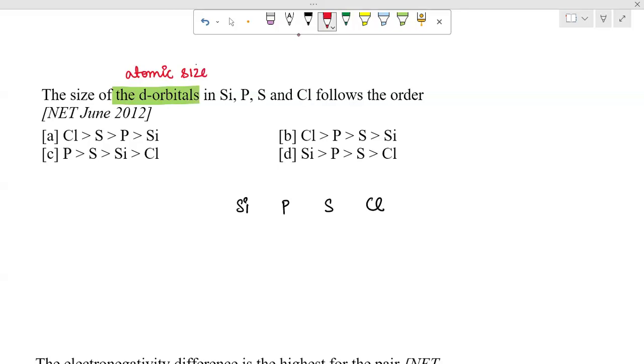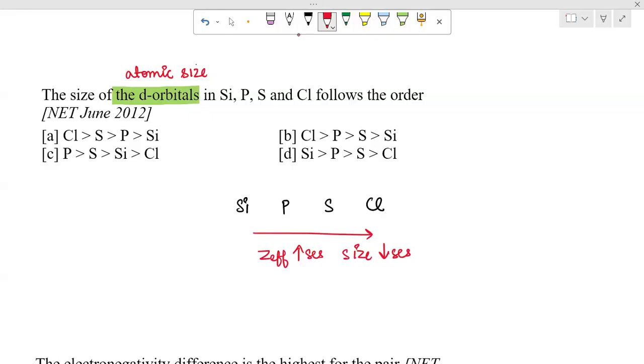Correct? So we know that along a period, the effective nuclear charge increases, as a result of which the electrons come closer to the nucleus and size decreases. So chlorine will be the smallest.